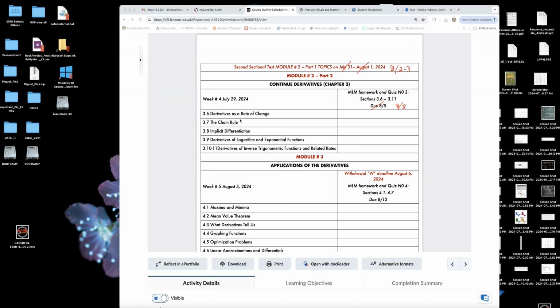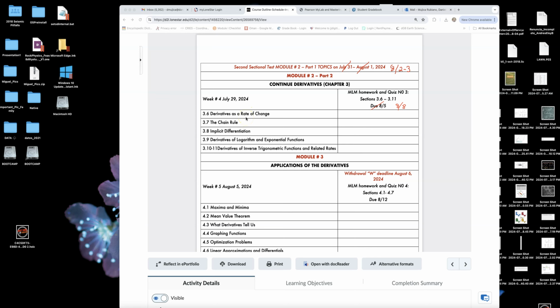Do you remember that? The chain rule, that is very important, the chain rule. Also the implicit differentiation, we discuss derivatives of logarithmic and exponential functions, and the inverse of trigonometric functions. So all that material is in your D12.